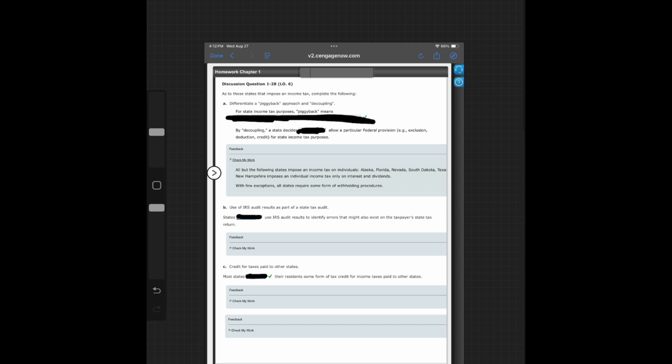All right, so differentiate piggyback approach from decoupling. For state income tax purposes, piggybacking means using federal tax income as a state tax base. By decoupling, a state decides not to allow a particular federal provision for state income tax purposes.